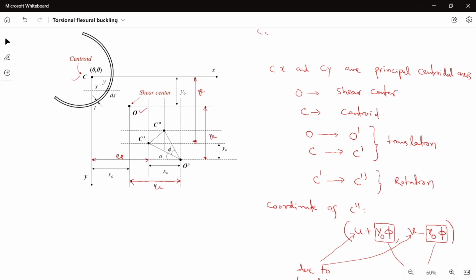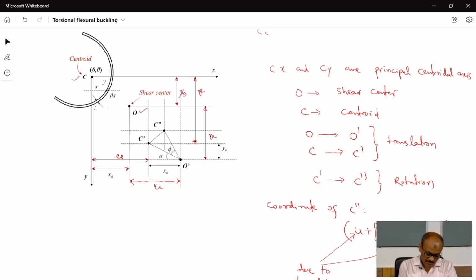The distance from the centroid C to the shear center was Y naught and X naught. This was the initial distance from centroid to shear center. This distance also remains same after the translation movement.